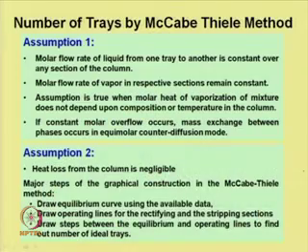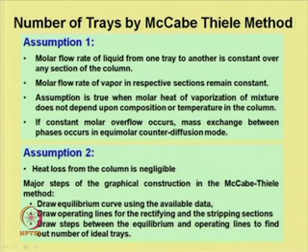And now, we will discuss the number of trays required for a given separation by the McCabe-Thiele method. The important assumptions taken in the McCabe-Thiele method are two. One is that the molar flow rate of the liquid from one tray to another is constant over any section of the column.